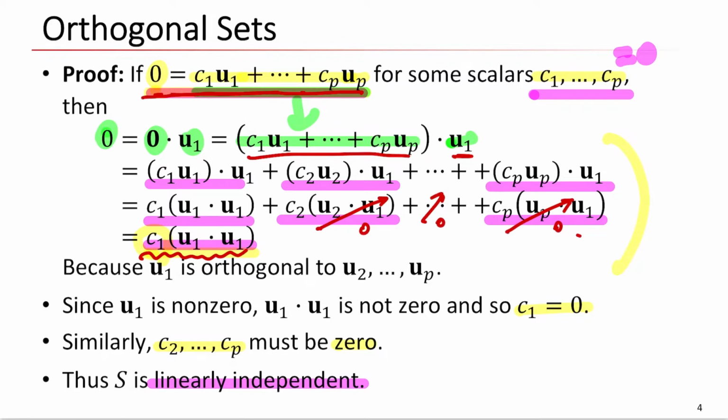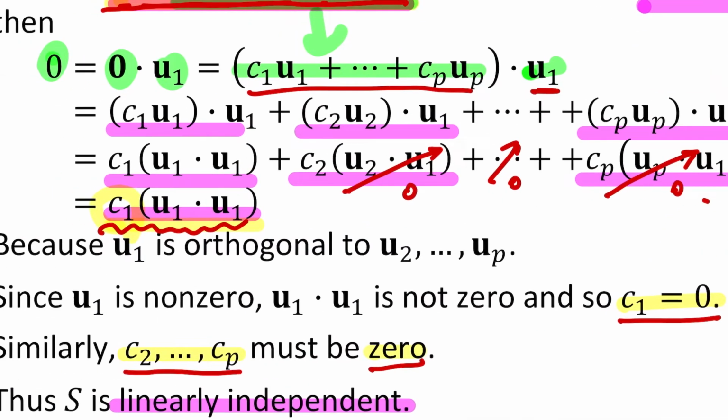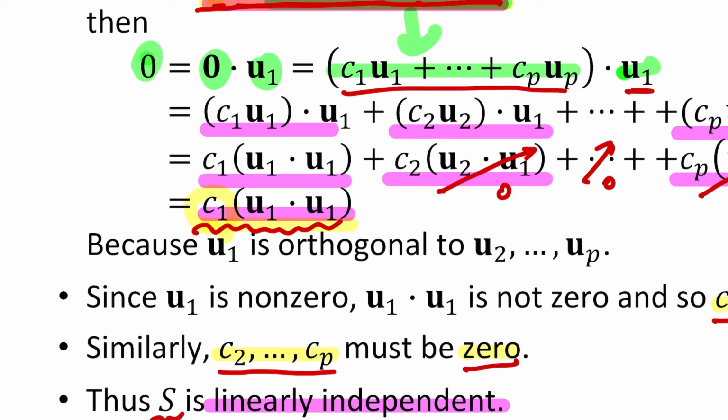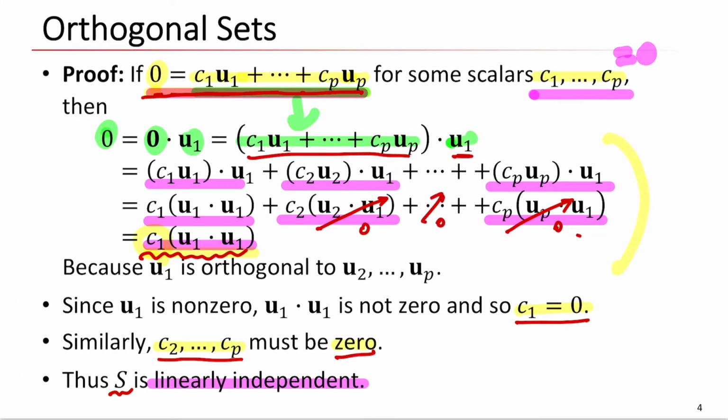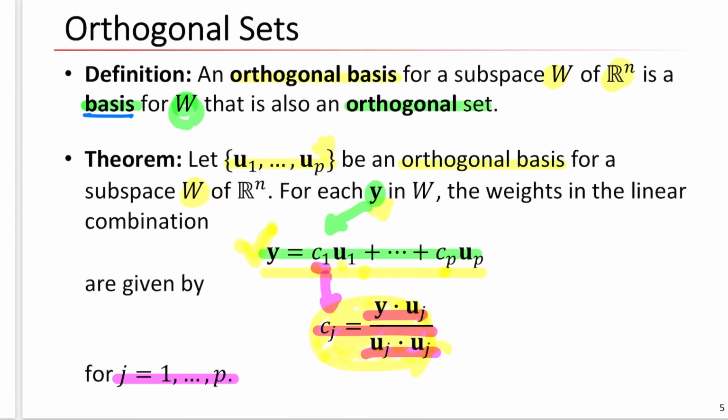So in this case, c1 is equal to 0. Similarly, c2 through cp must be 0. So this set S is linearly independent. In other words, if u1 through up is an orthogonal set, then this set is linearly independent.